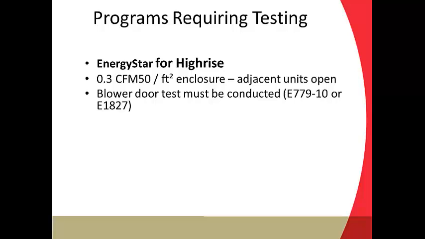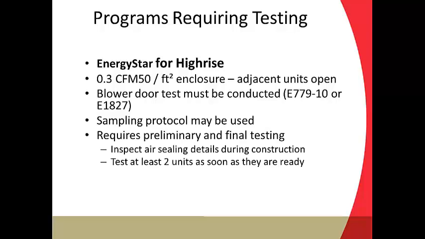And they give you options, either the E779 standard or the E1827 standard. Sampling protocol may be used, so you don't need to test every unit, but they're following the RESNET sampling protocol as to how that can be done without having to test every unit.